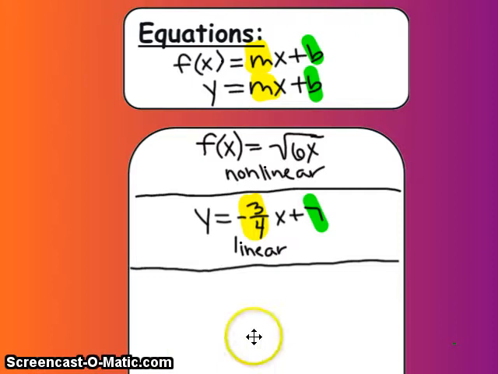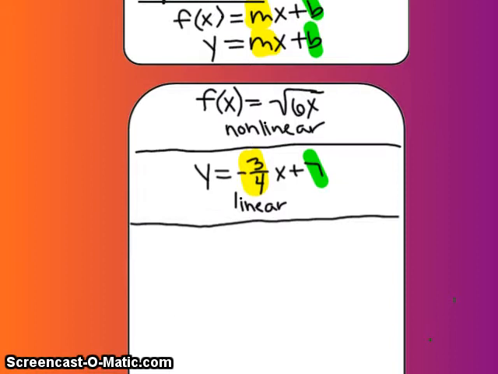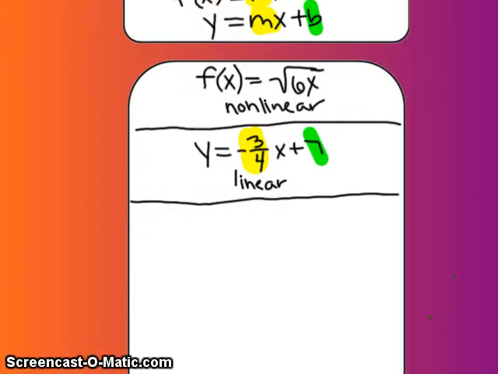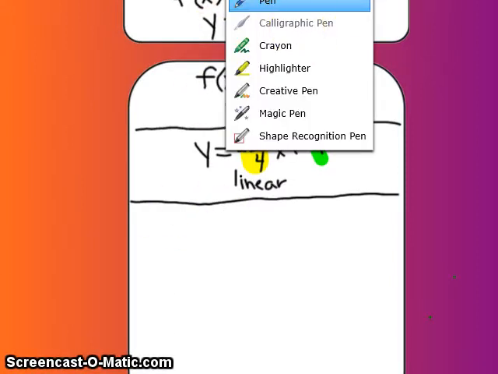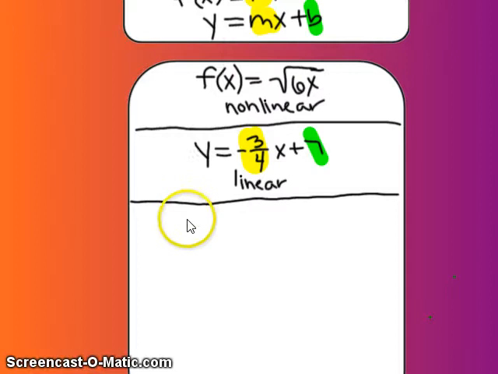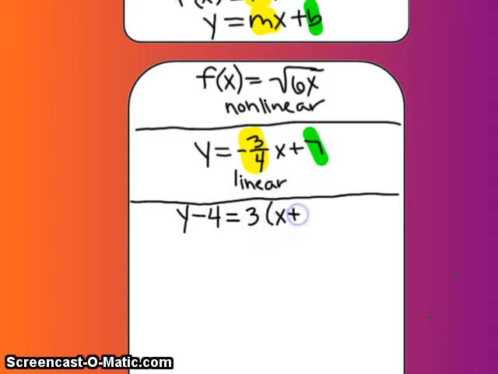Okay. Our next one is y minus 4 equals 3 times the quantity of x plus 2.